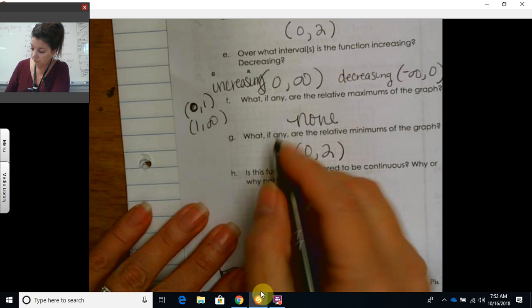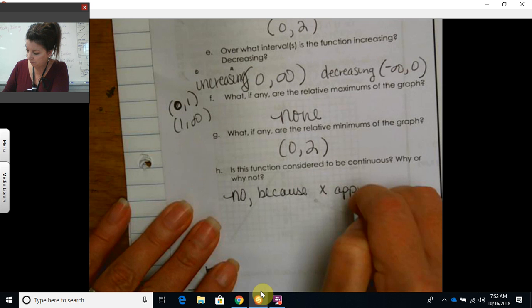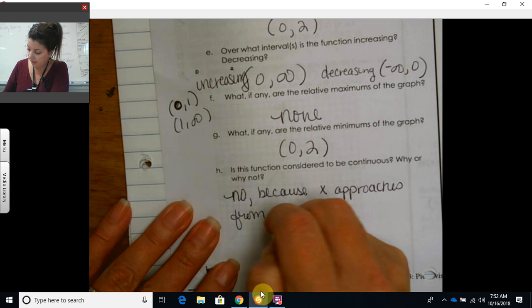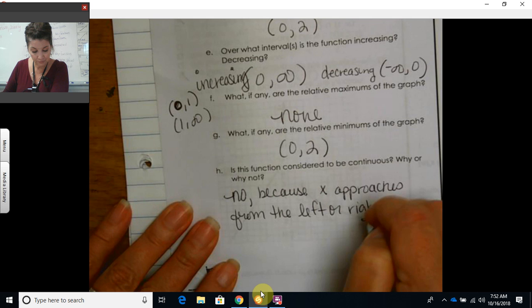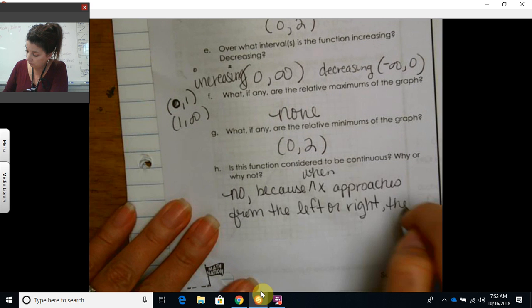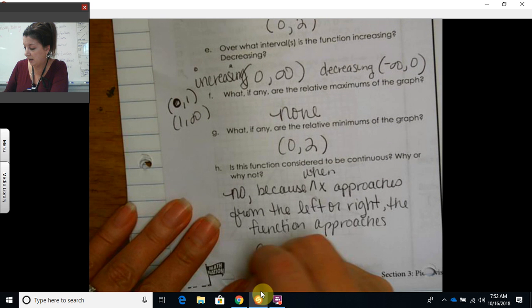So I said no because, when x approaches from the left or the right, the function approaches different y values.